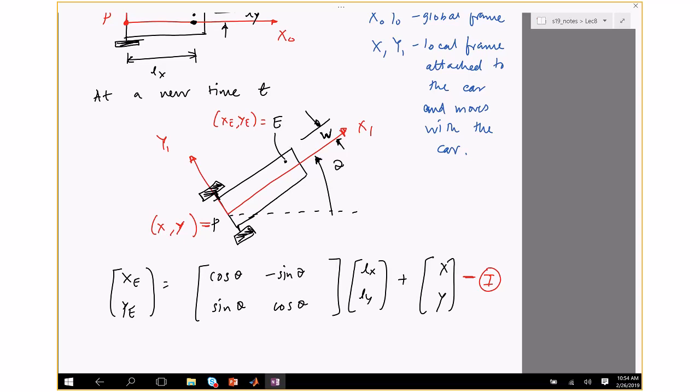So I'm going to go back to what we derived earlier in the class on mobile robots. In a previous class, we wrote equations for a differential drive car. So I'm going to rewrite those equations.